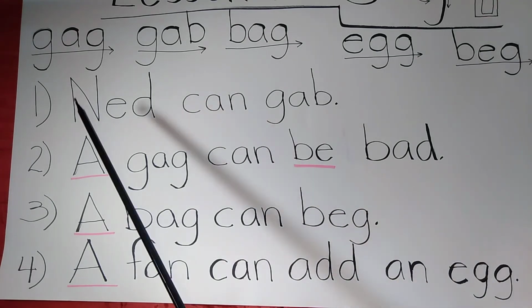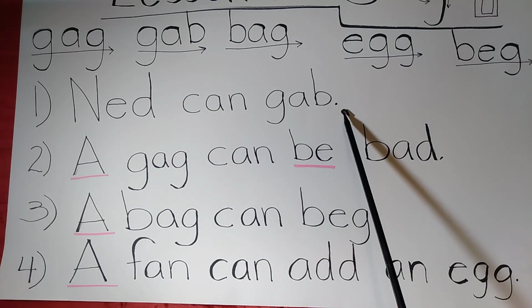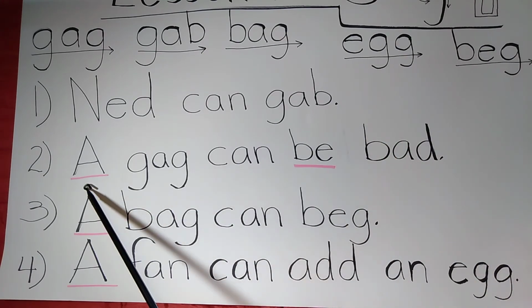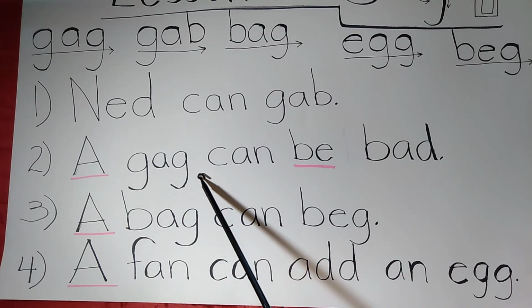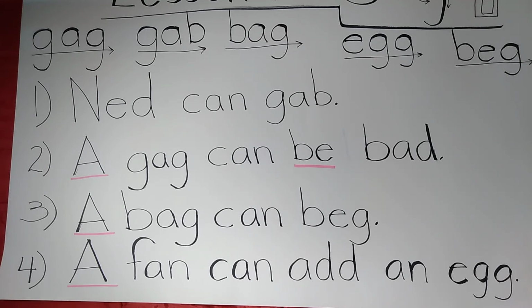Here are my answers. Ned can gab. True. Anybody can gab. Number 2. A gag can be bad. I say true. If somebody puts a tack on your seat when you don't see them do it and you sit down, you would say that gag is a bad gag.